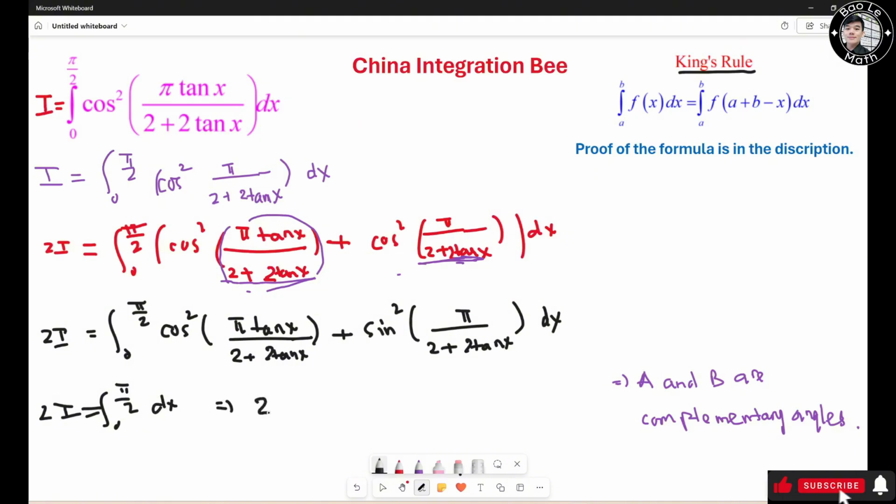Then 2I equals x evaluated from 0 to pi over 2, so 2I equals pi over 2. Divide both sides by 2, and we have I equals pi over 4.